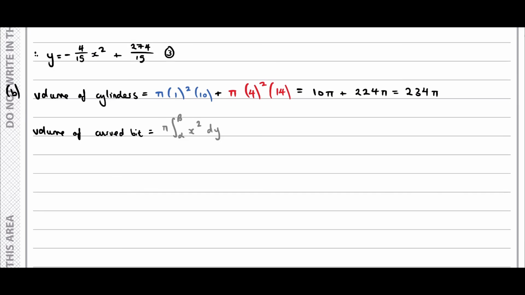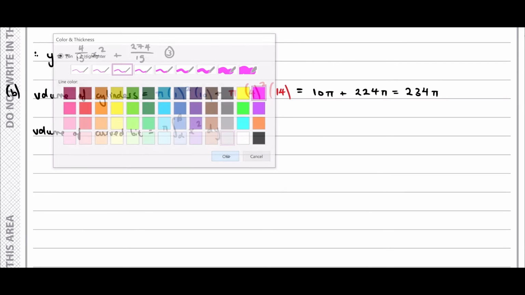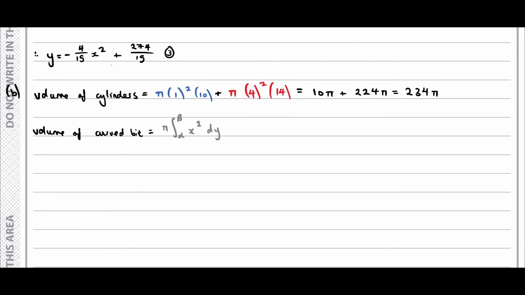So if we find out what x squared is, we can rearrange for x squared over here. X squared is equal to 1 over 4 lots of 274 minus 15y. So hopefully you guys shouldn't be struggling with that. So we've got our volume, which we'll find in green.